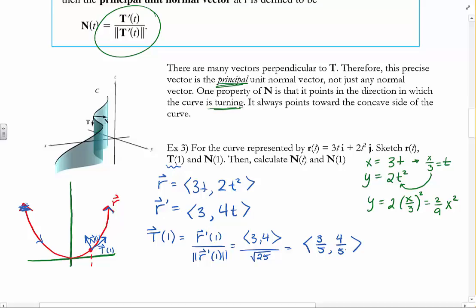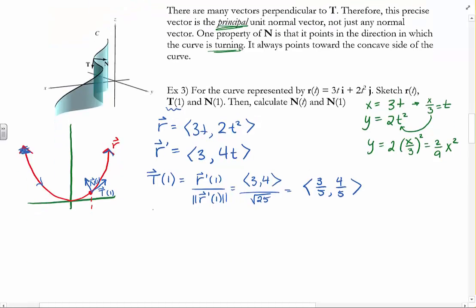Well, when I want to find N, the problem with N is this. N is defined as T prime divided by the magnitude of T prime.